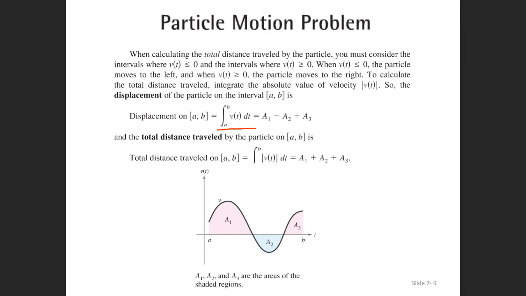If you want the total distance traveled, well, then what you really are doing is you're going to make this positive, and this positive. Because remember, if I had a function and it starts and goes off in this direction 10 units, but then it comes back, let's say 5 units, and then it turns around and goes 15 units, where does it end up?